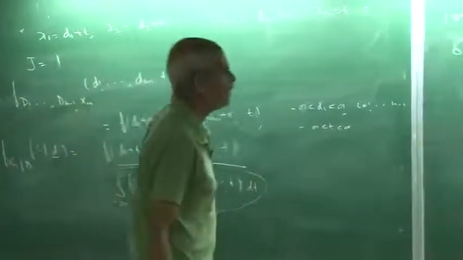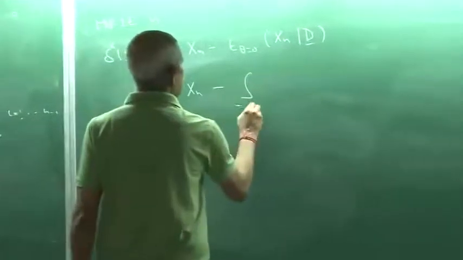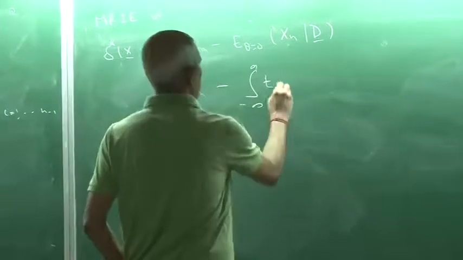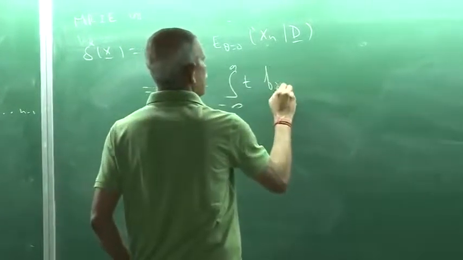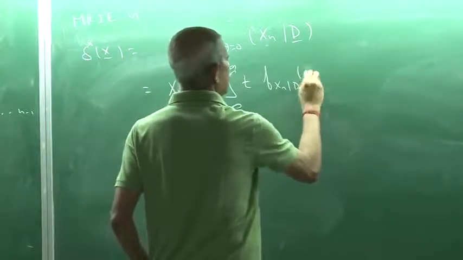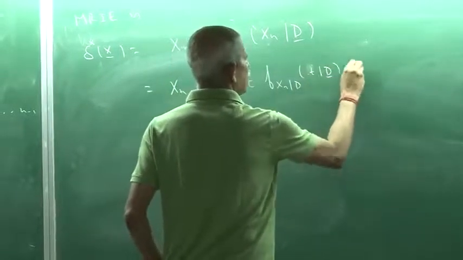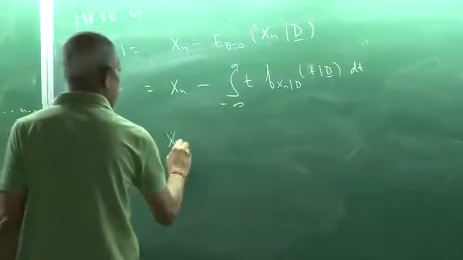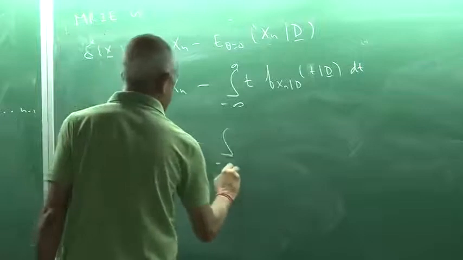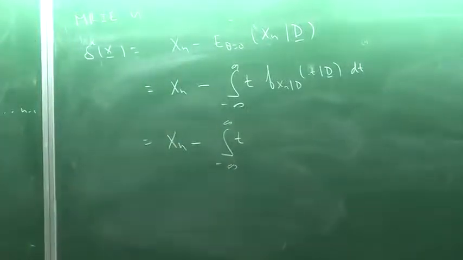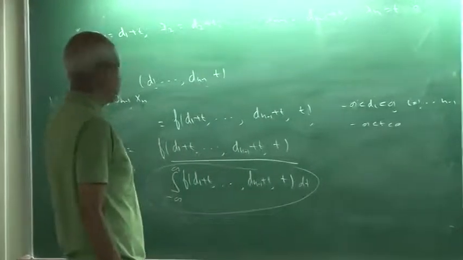So this would be nothing but minus infinity to infinity t f of xn given d at the point t given d, dt. So what is that? This is nothing but xn minus infinity to infinity t times this quantity, except that my small d here, capital D was fixed at small d.